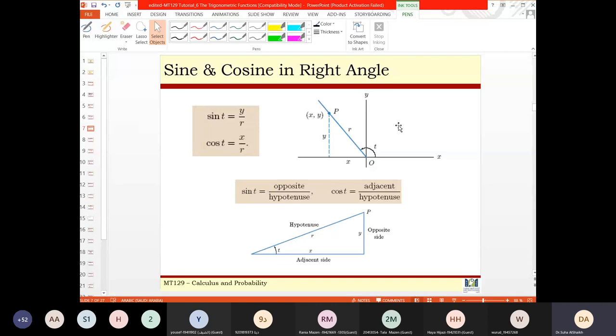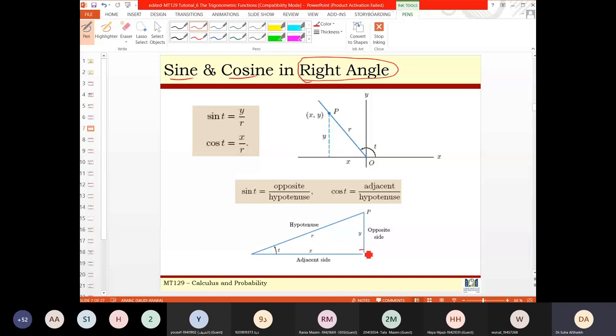Now we are ready to introduce the sine and cosine functions. Sine and cosine functions can be represented in two ways. We define them in two ways: either using a right angle triangle or using the unit circle. The right angle triangle means a triangle with a right angle.